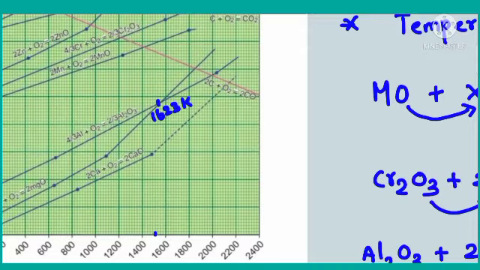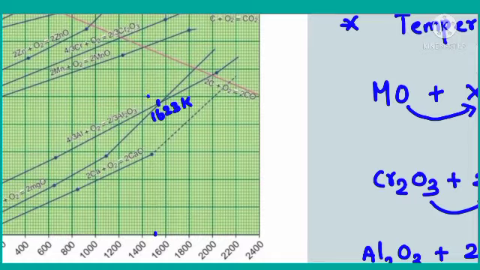Right now, to the left of the intersection point, magnesium oxide is lying below, isn't it? To the right of the intersection point, the aluminum oxide line is lying below the diagram, isn't it?